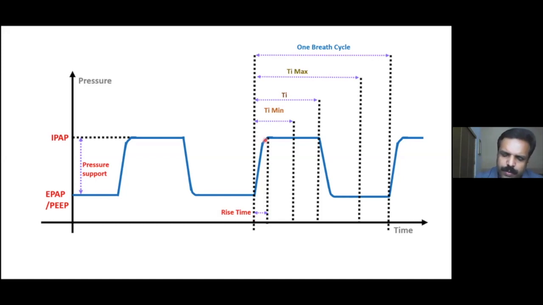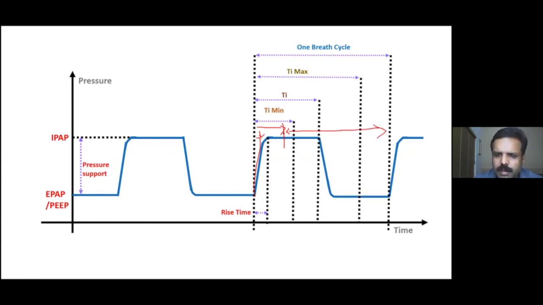If you want to make this curve a little bit towards this side, suppose I want to make the curve like this, it means I am making the Ti shorter. The same way, if this is the TI minimum and I reduce the TI minimum to this point, my inspiration is reduced, and again I will have more time for the expiration.